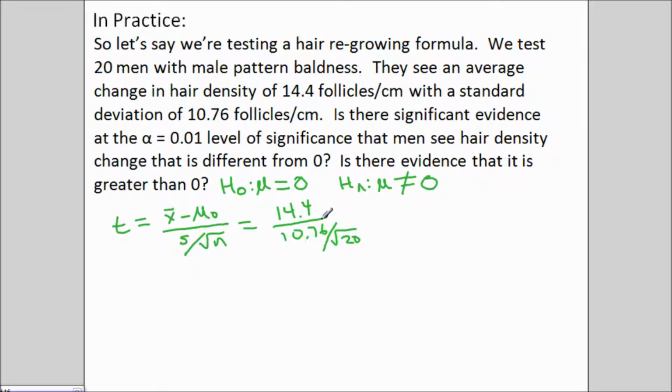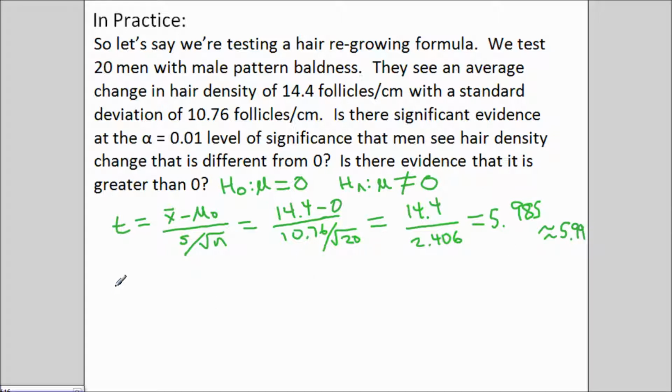We had only 20, which is why we're using our T procedures. So we have 14.4 minus 0, 14.4 divided by 10.76 divided by the square root of 20 is about 2.406, and that will give us 5.985. But we'll just round it to about 5.99, close enough.